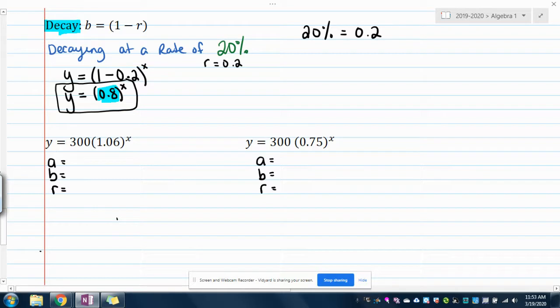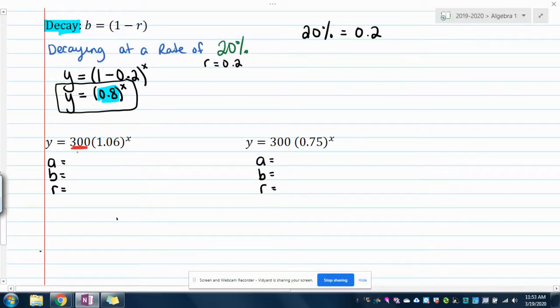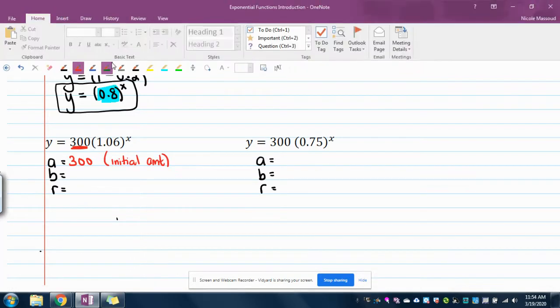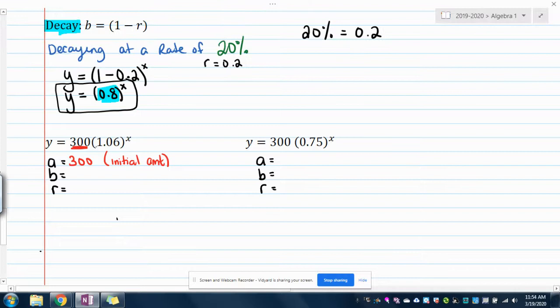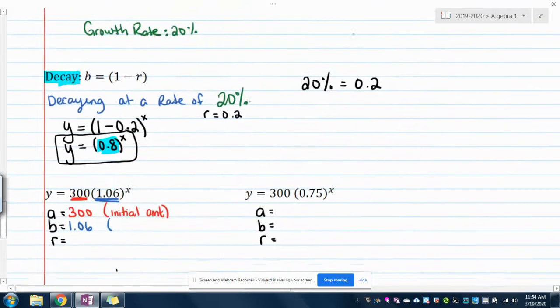A is equal to 300, right? So we know that A is equal to 300. So my initial amount, if this was like a bank account problem, I would have $300 starting. Okay, that is my initial amount. I'm going to write that here: initial amount. And then what is B? B is this entire thing, so it's going to be 1.06. If we look up here, it is the growth or decay factor.